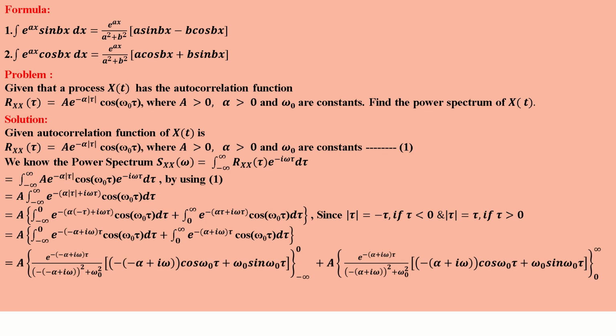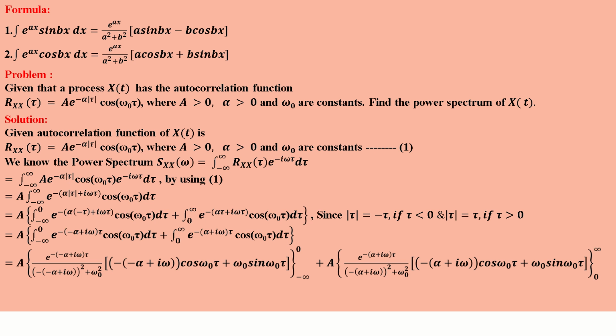The limit is minus infinity to 0, because here we are using the second formula, e power ax cos bx. So a is minus alpha plus i omega, b is omega naught.